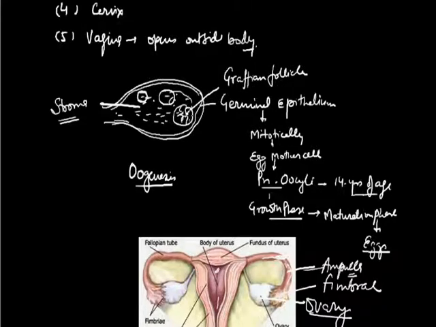Inside these Graafian follicles, the development of the egg takes place. On maturation, the Graafian follicle ruptures and the egg is released from the ovary. We will study this process in detail in the menstrual cycle. Let us see the anatomical part first.